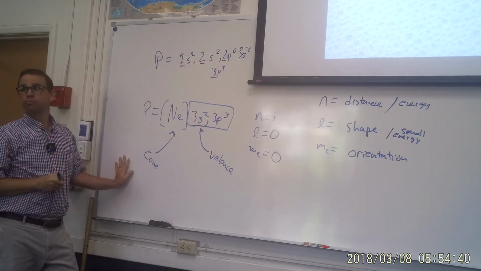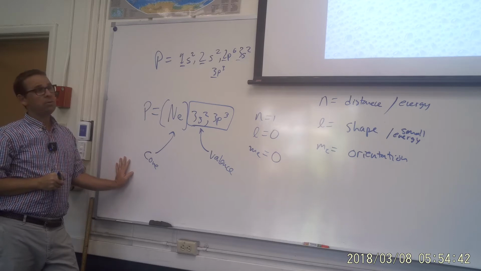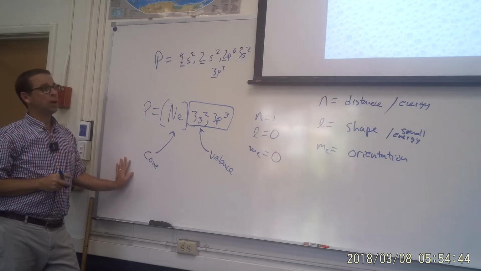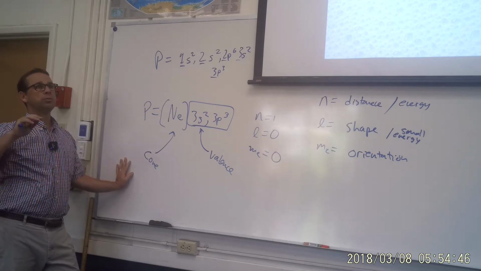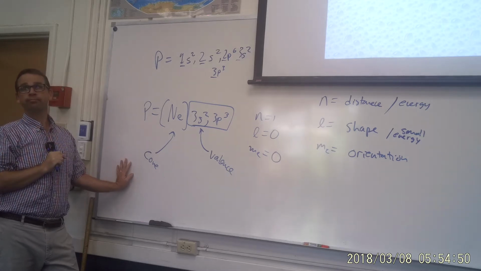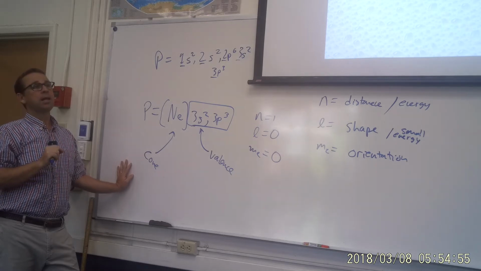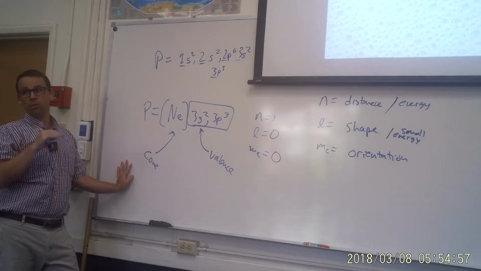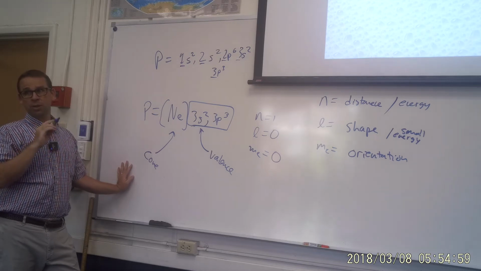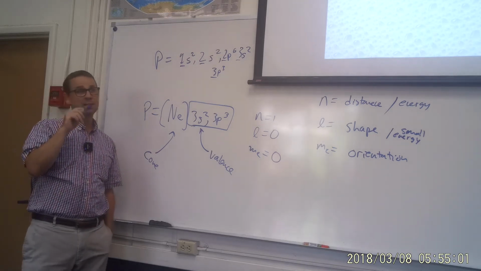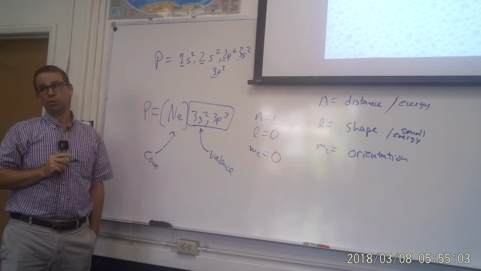I don't know how to find the n value. So when you say, like, we look at magnesium, for example, see magnesium? It's on the 3rd row, so we say its n value is 3. So the last electron in magnesium has an n value of 3.